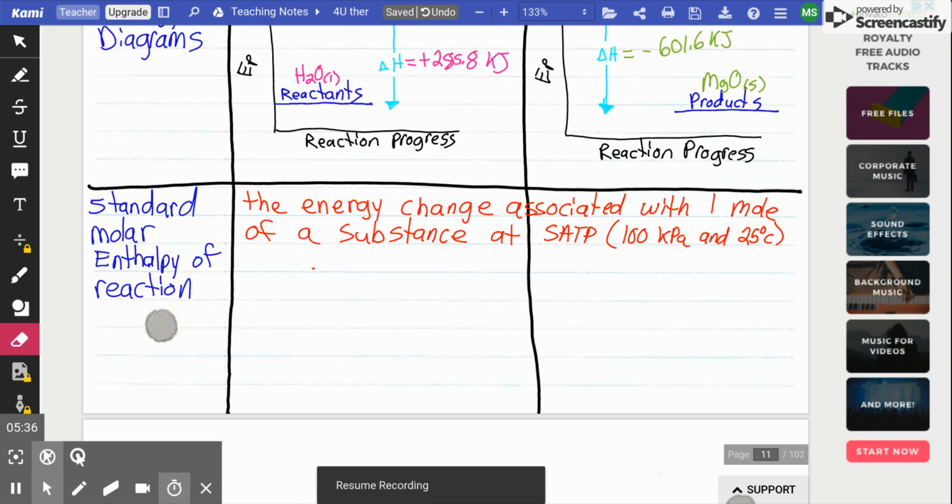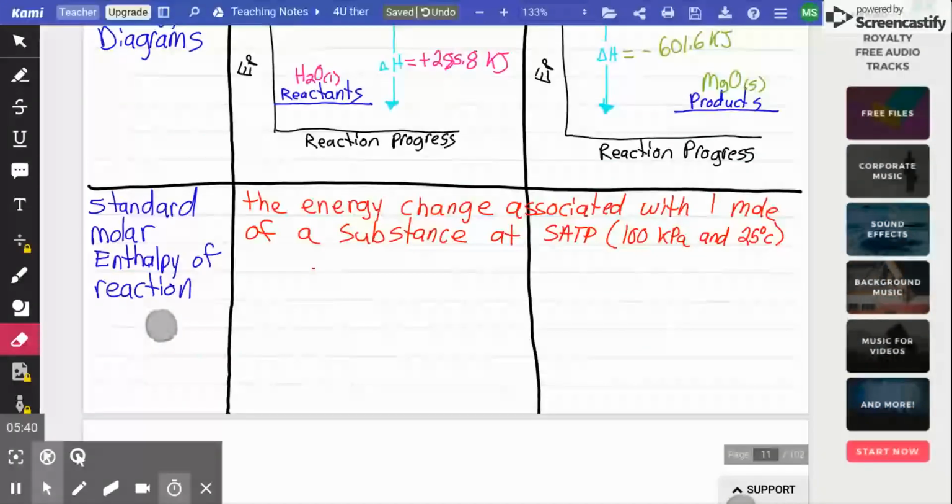The fourth way of communicating enthalpy change is using something called standard molar enthalpy of reaction. Standard molar enthalpy of reaction is the energy change associated with 1 mole of a substance, but at standard atomic temperature and pressure. So usually 100 kilopascals and 25 degrees Celsius.